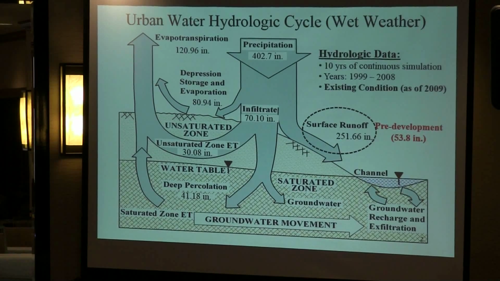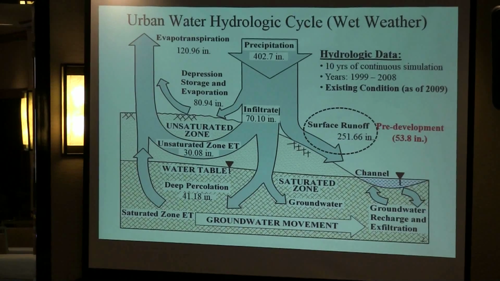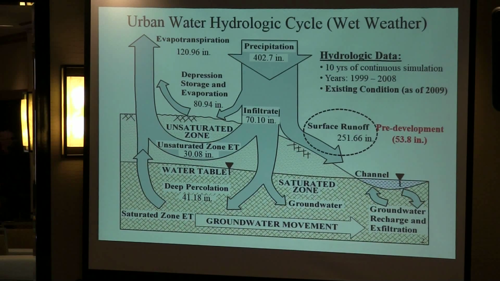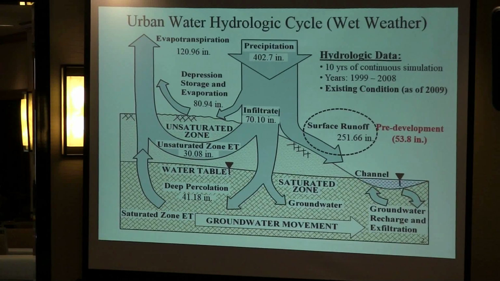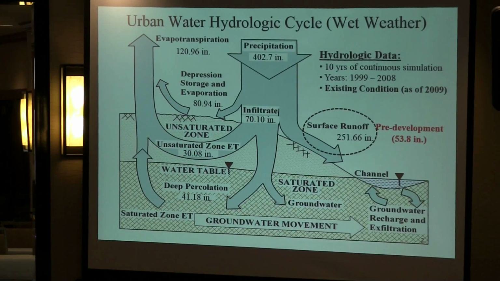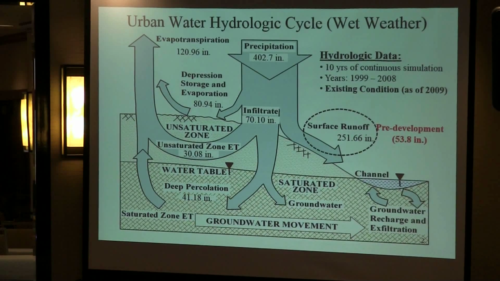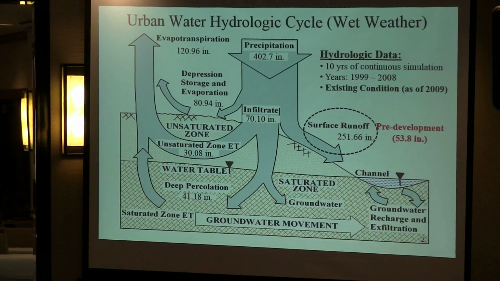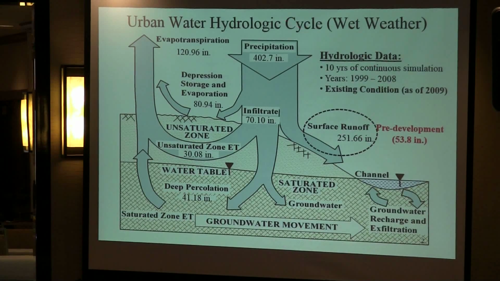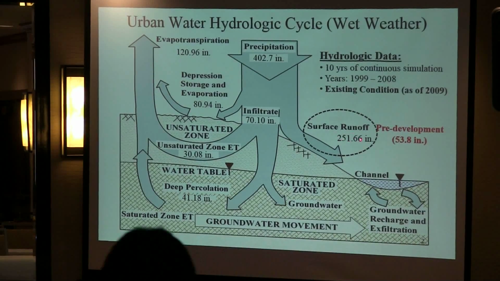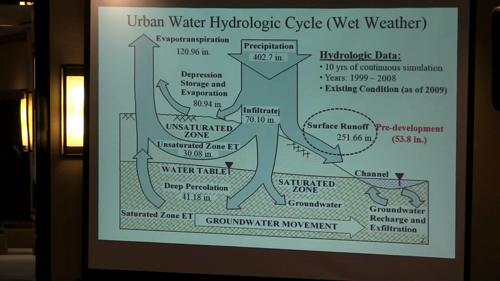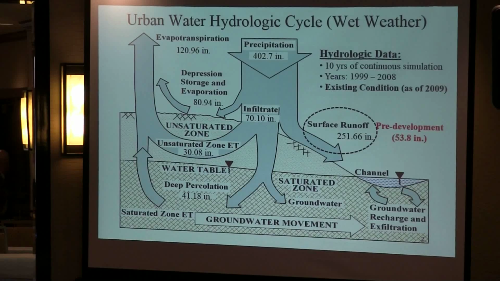During wet weather events, we have constructed an environment that is largely paved. As a result, we have completely changed the relationship between rainfall and runoff. What I want to focus on is the surface precipitation over a 10-year period, and compare that to the pre-development condition: 252 inches of surface runoff as compared to 54 inches.